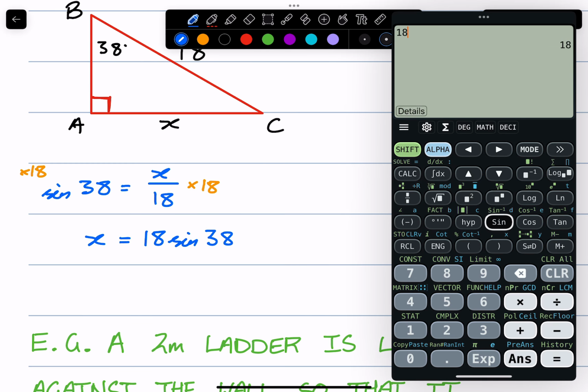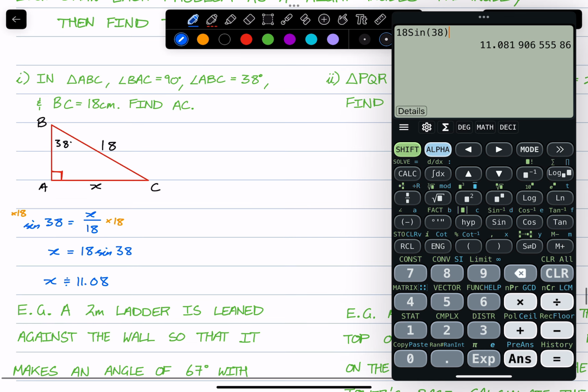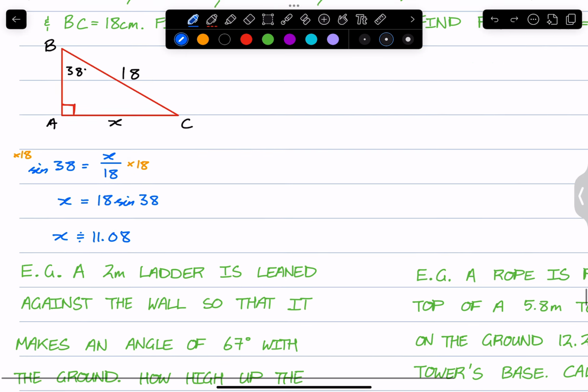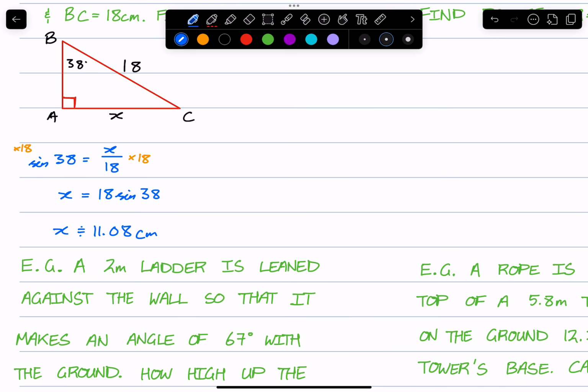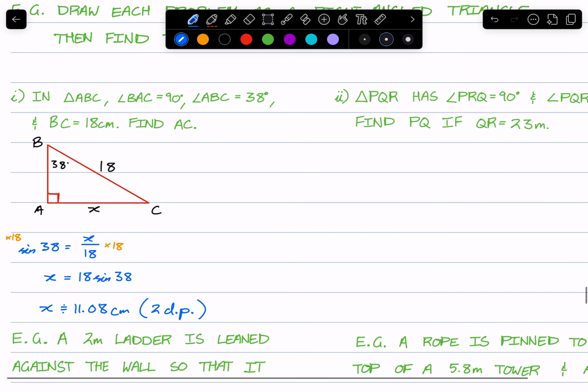So 18 sine 38, we get 11.08. So this is approximately 11.08, and since this is in centimeters, the answer is also in centimeters. I'm going to indicate that we've rounded this to 2 decimal places. And that is our first example.